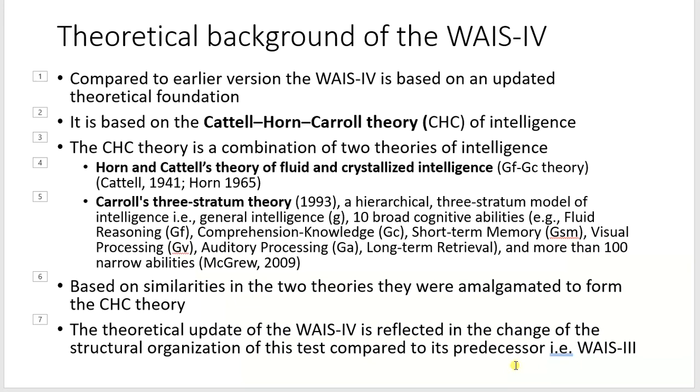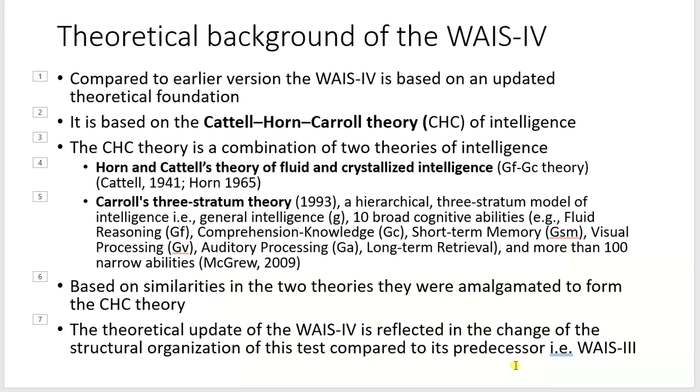So in 1985, in a meeting, the authors of these two theories were also present, and the meeting was for some different purpose, not for developing this theory, and there an agreement occurred that yes, these two theories can be amalgamated together. That formed the base of a combined theory in which the Horn and Cattell theory of fluid and crystallized intelligence was combined with Carroll's three-stratum theory.